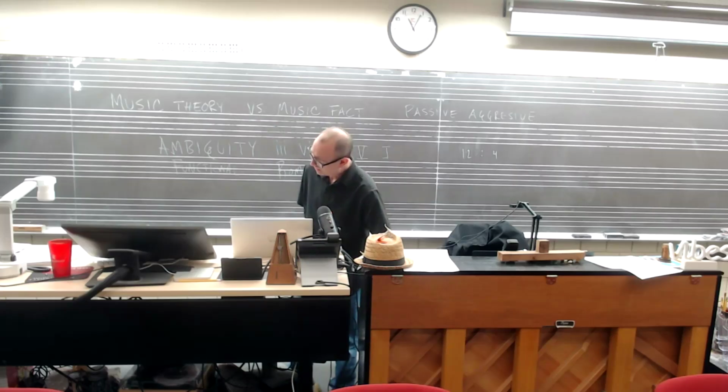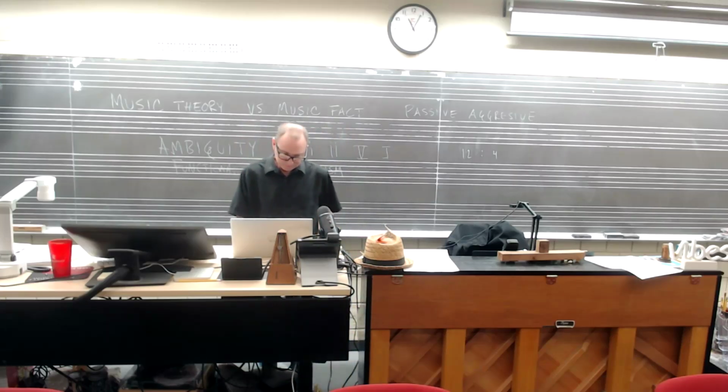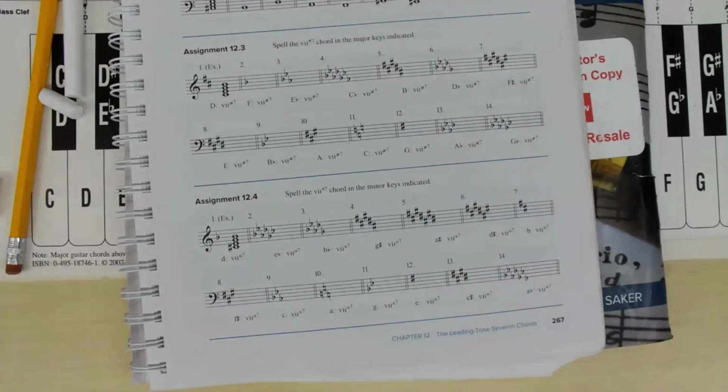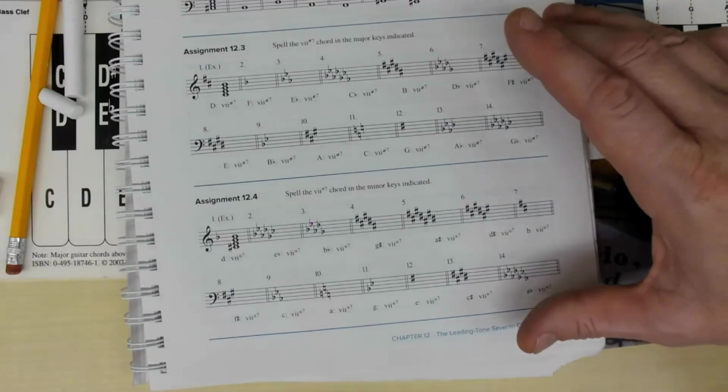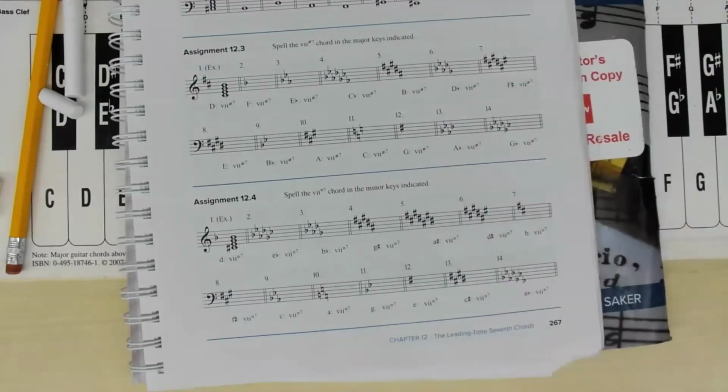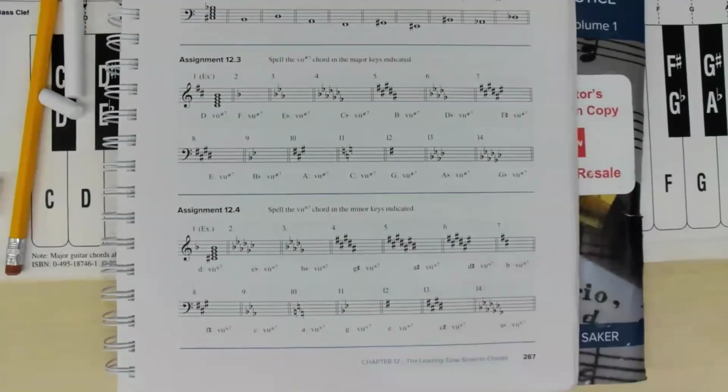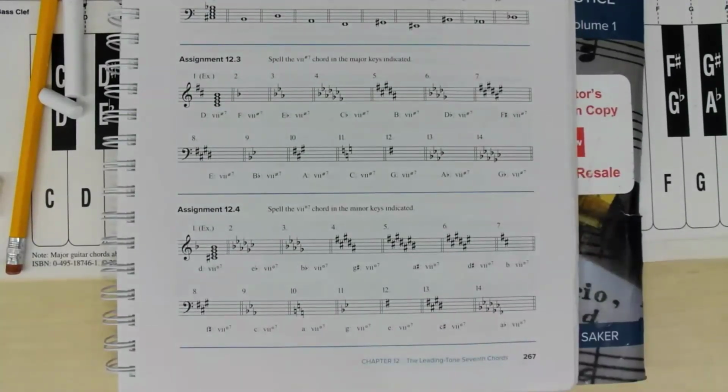Okay, so leading tone chords. This is page 267. And I want to focus today on just doing a couple of the examples from 12.3 and 12.4. This procedure using key signatures is extremely important.